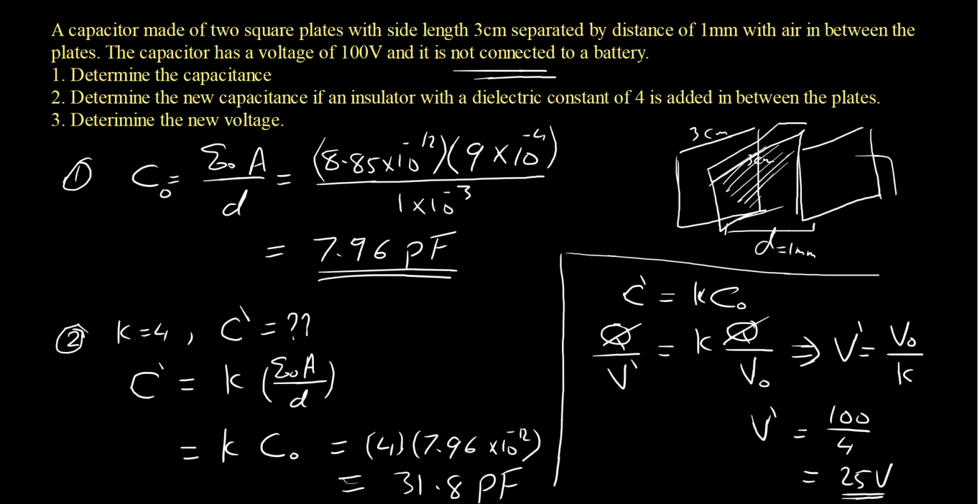So the dielectric material will increase the capacitance when I insert it between the two plates, but at the same time it will reduce the voltage or the potential difference across the two plates when the battery is disconnected. All right, I hope you find these two examples useful.